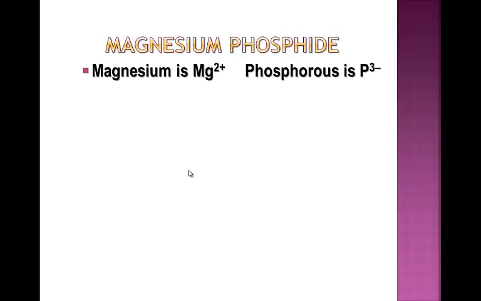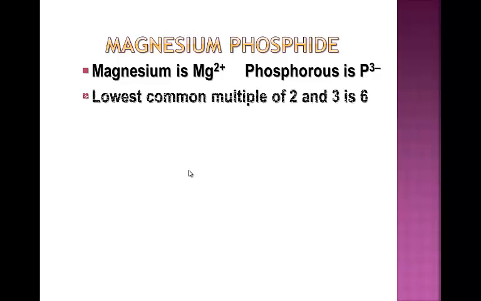So looking at magnesium phosphide being formed, magnesium as an ion has a 2+ charge, phosphide, phosphorus as an ion, has a 3- charge. So the lowest common multiple, the lowest number that those two charges can be multiplied and produce, is 6. In order to get 6 from 2, we have to multiply it by 3, so that means we need 3 of the magnesium ions.